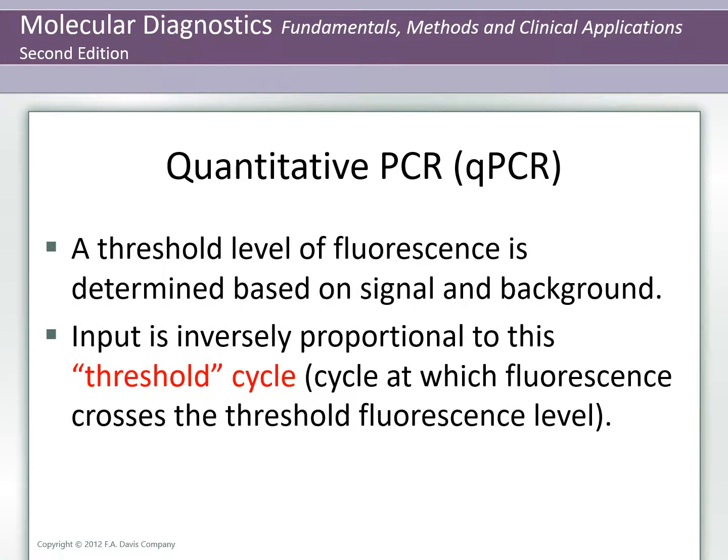With quantitative PCR, a threshold level of fluorescence is determined based on signal and background. Plotting the target copy number of the diluted standard against the threshold cycle for each standard generates a graph in which the relationship is established, and then the starting amount of unknown specimen can be determined by the cycle number at which the unknown crosses the fluorescence threshold.